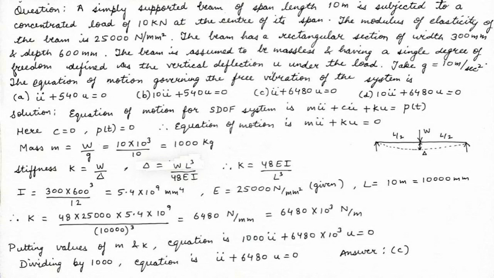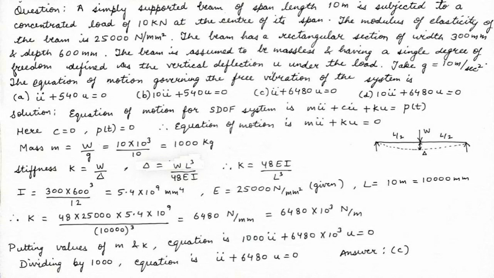The length is given to us as 10 meter in the question, that is 10,000 millimeter. We will put all the values and calculate the value of k as 48 into 25,000 into 5.4 into 10 raised to power 9 divided by the cube of 10,000, which gives to us 6480 Newton per mm, which will be 6480 into 10 raised to power 3 Newton per meter.